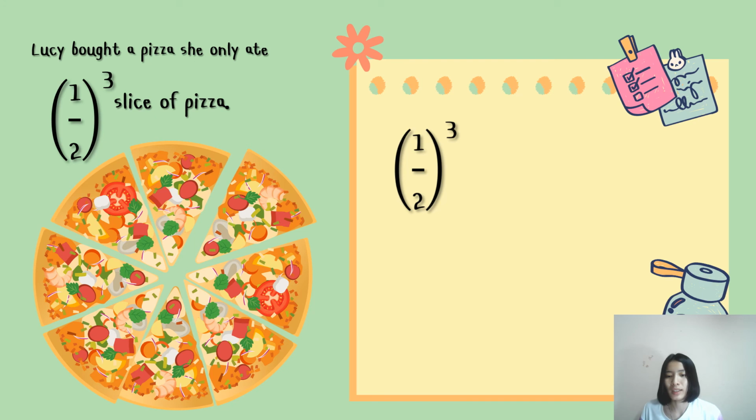So basically, 1/2 raised to the power of 3 will become 1 raised to the power of 3 divided by 2 raised to the power of 3. Therefore, the equation will become 1 over 8. So Lucy ate 1/8 of the pizza. So that's the law number 4.